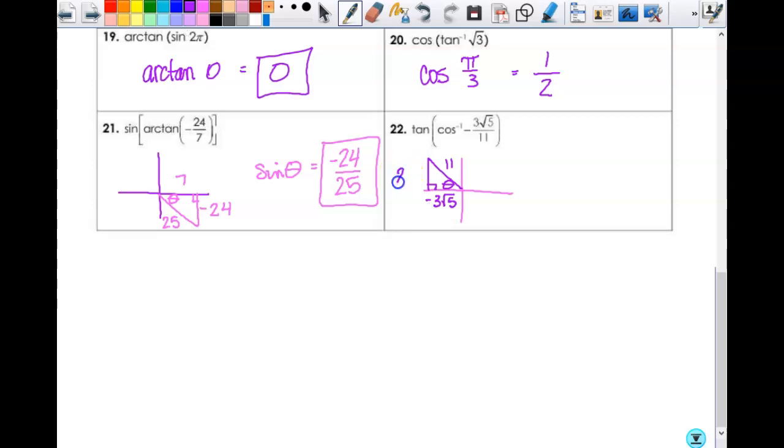When you do that, you're going to get 2 square root of 19. Then you're going to take the tangent of that angle, and tangent is opposite over adjacent, so it's going to be 2 square root of 19 over that negative 3 square root of 5. Then you have to rationalize. Once you rationalize, you get negative 2 square root of 95 over 15.